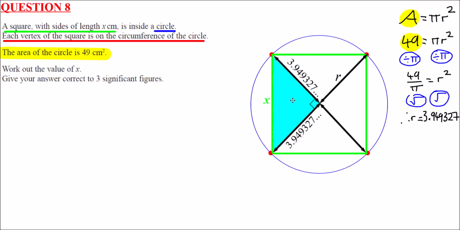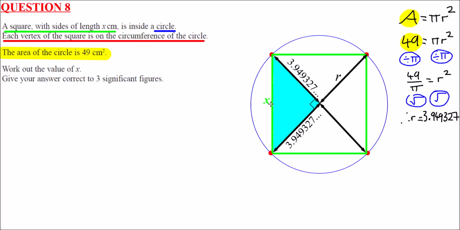If I focus on just one of the triangles, it doesn't matter which one I pick because they're all identical, then I know this side's 3.949327, it's the radius, as is this side, and the side of the square I'm trying to work out is x. So I've got a right angled triangle here, and if you have a right angled triangle, you should know that we can use either trigonometry or Pythagoras to work out what the longest side is.